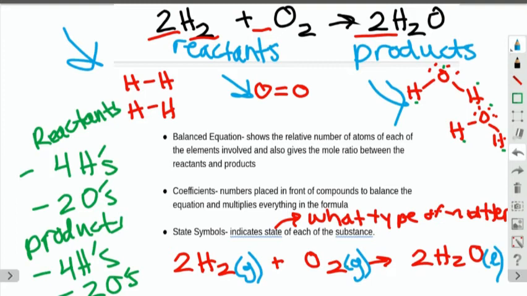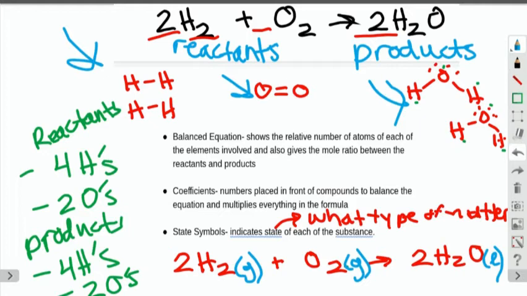And I wanted you to see how the left side and the right side have the same amount of these elements. So hydrogens are equal on the right side and the left side. The oxygens are equal. They have the same number.